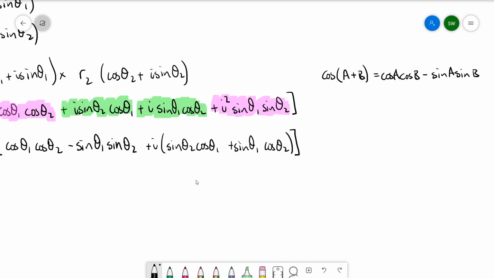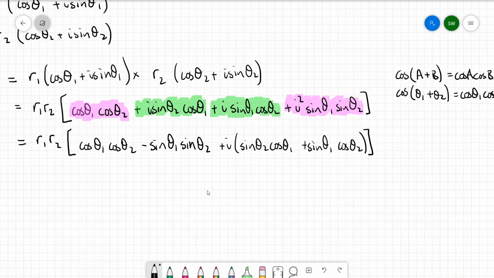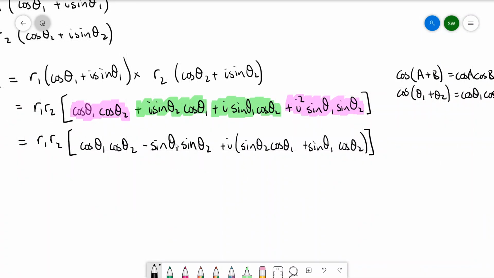So if you want, you could write it underneath: theta 1 plus theta 2. Replace A with theta 1, we've got cos theta 1. Replace B with theta 2. So we can replace these terms here at the start of this bracket with cos of theta 1 plus theta 2. Okay, so that's nice and simple.